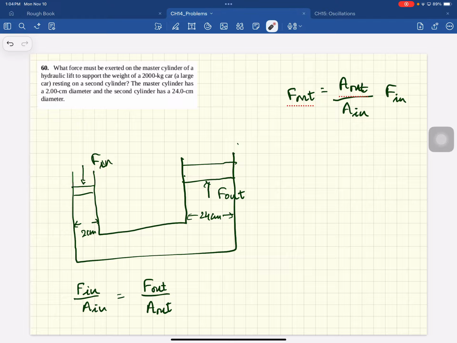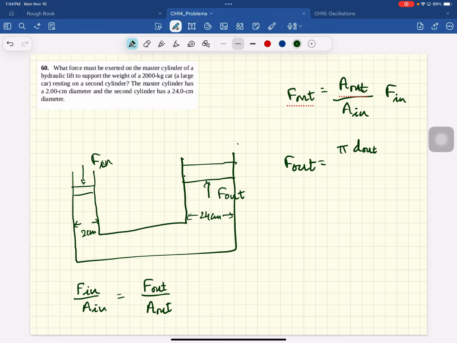The area of a circle is pi r squared, which is pi diameter squared over 4.